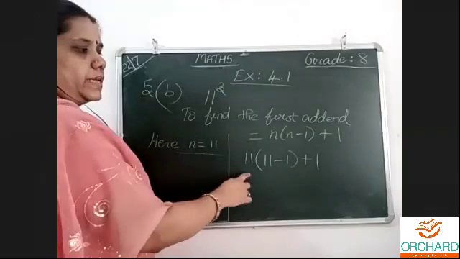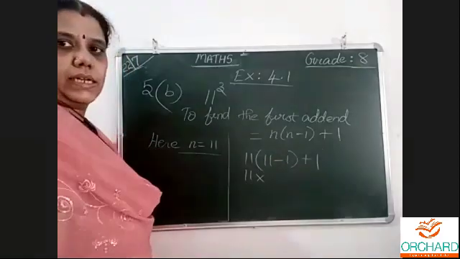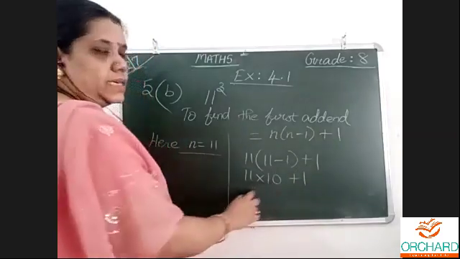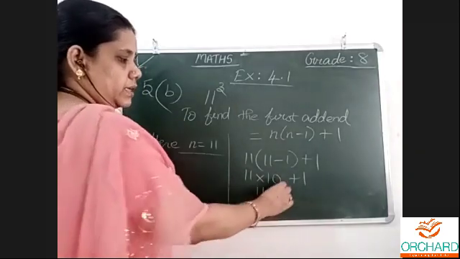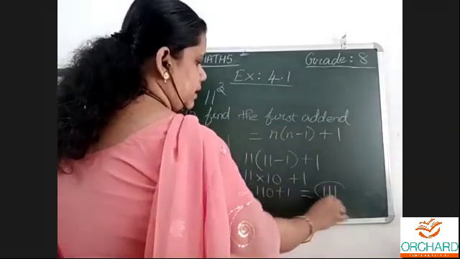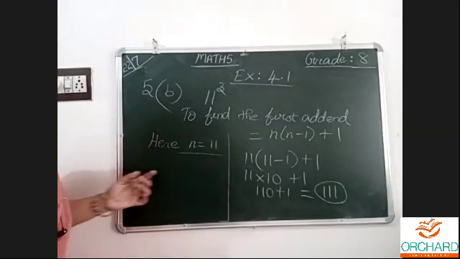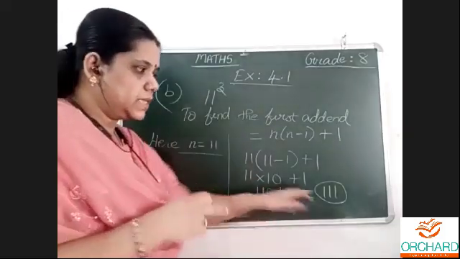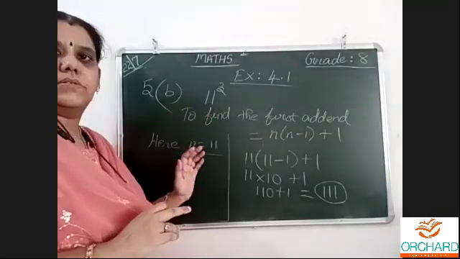Here n is equal to 11, so I substitute 11 into 11 minus 1, which is 10, plus 1. 11 tens are 110, plus 1, by adding 1 we get 111. This is my first addend. I must start listing out my odd numbers from this number only. This is the rule for cubes.